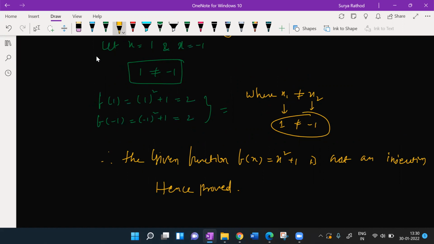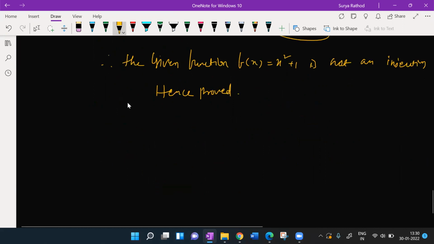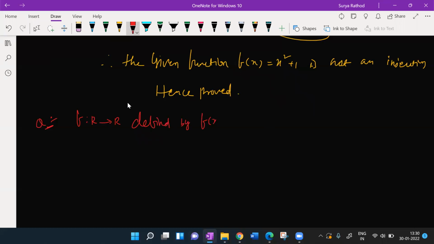Now one more question he has given, that a function is defined from R to R, defined by f of x is equal to e to the power of modulus x minus e to the power of minus x divided by e to the power of x plus e to the power of minus x.